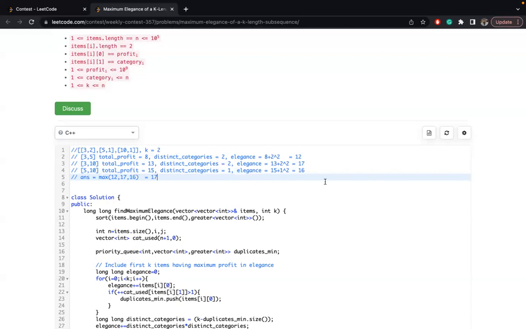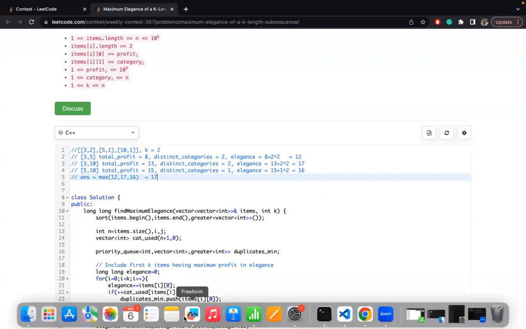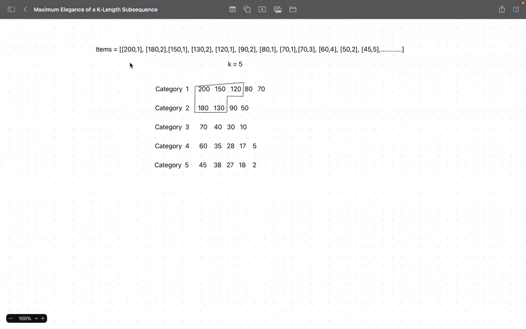Now let's go to the board. Let's look into this example. This is a huge example, with so many items, right? And I have sorted these items in non-increasing order, like decreasing order, based on profit. Here profit is 200, 180, 150 and so on, and then there is category.